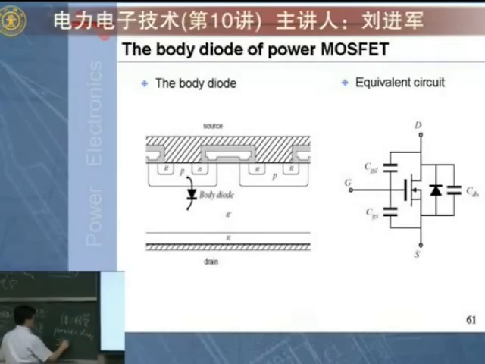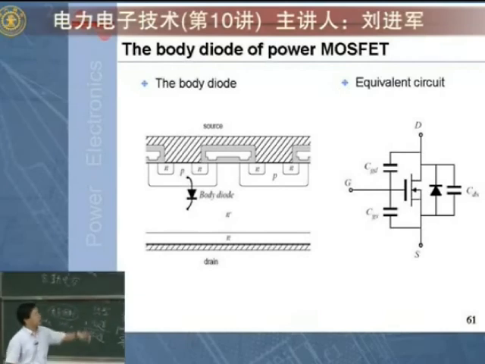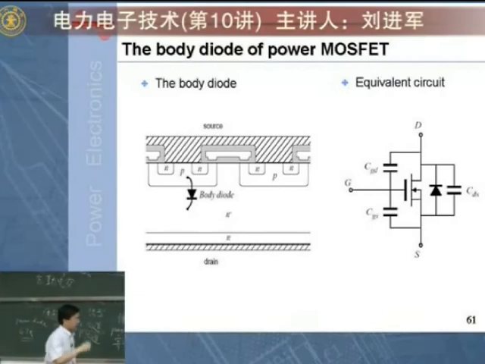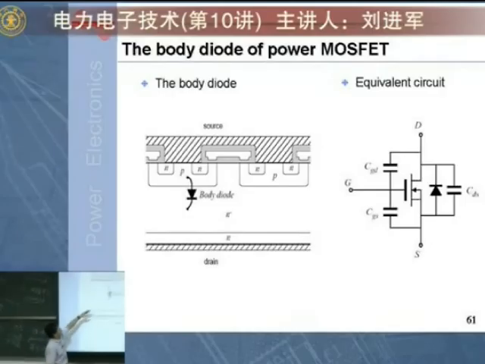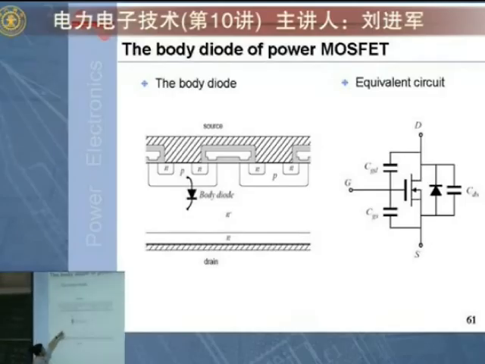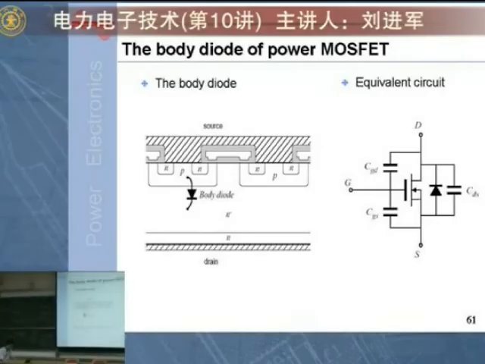Body diode or parasitic diode for MOSFET. Why? If you look at this structure, you can probably very easily understand that. Look at this structure. Okay, you have N+ layer, P layer, N- layer, N layer. But if you look at this structure, this actually is also a structure of a PIN diode.